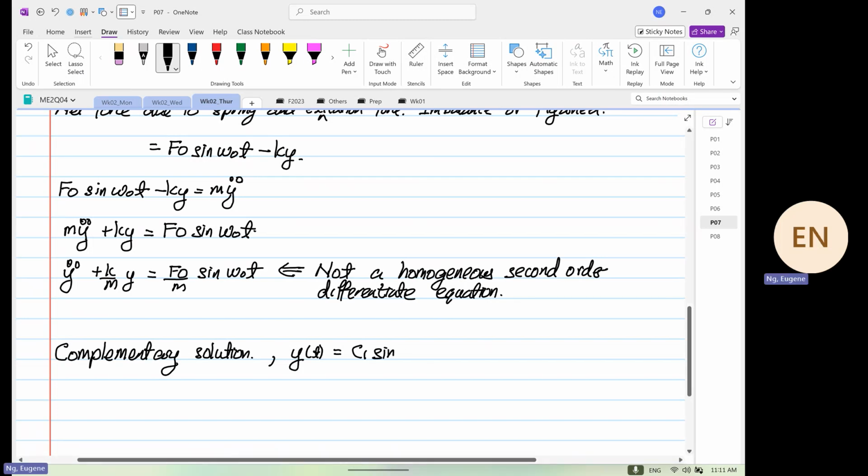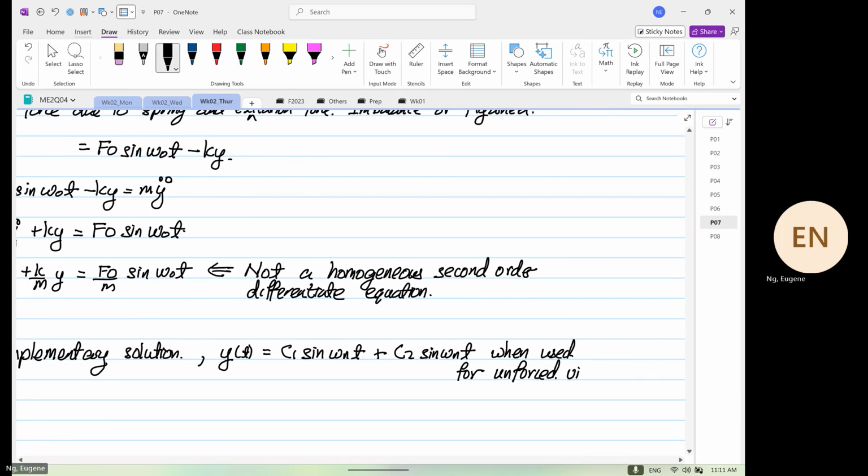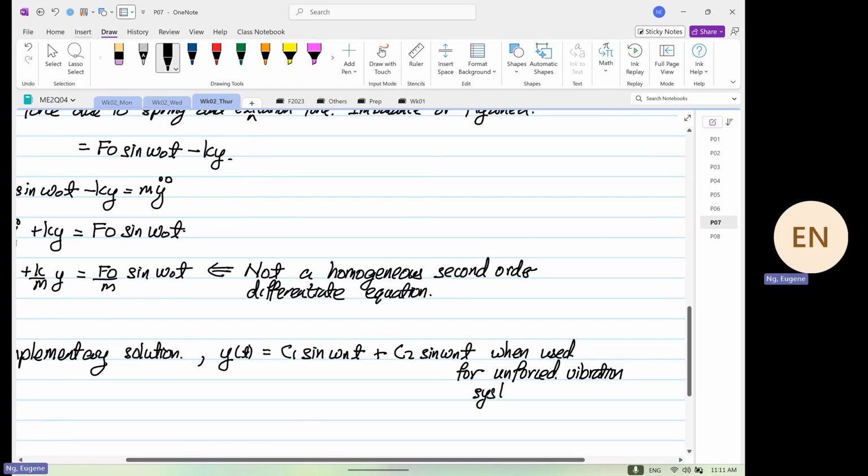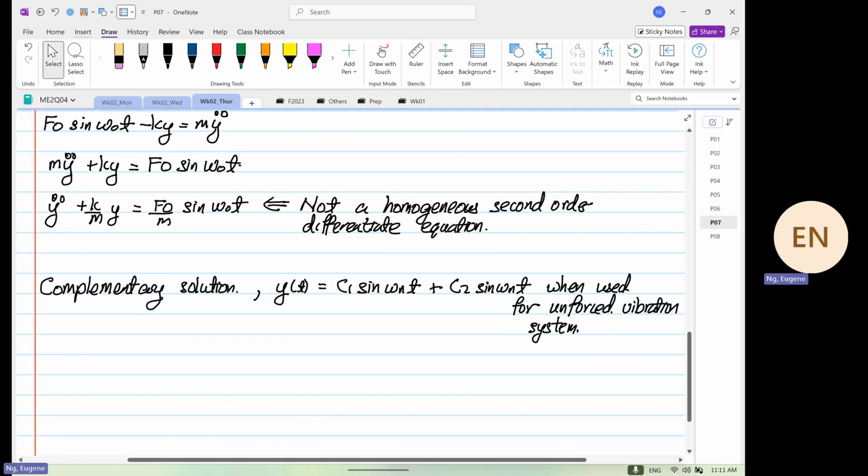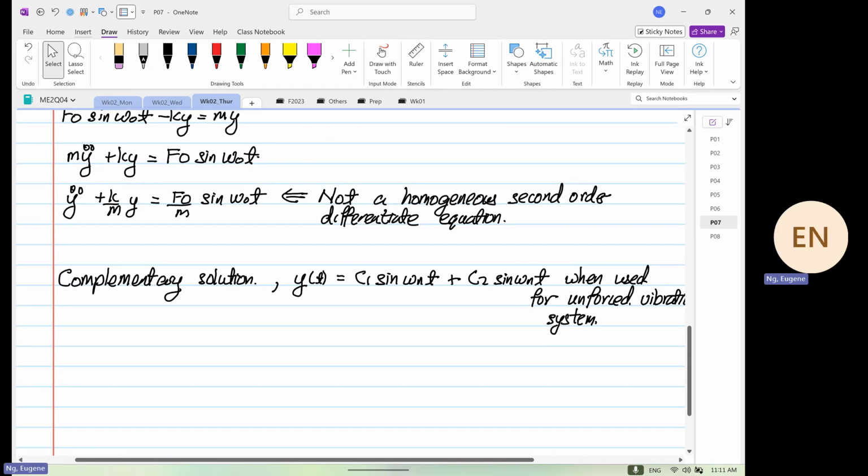C1 sine omega n t plus C2 sine omega n t, used for what? Unforced vibration system. However, this is forced, okay? So what we're going to do is something slightly different, okay?